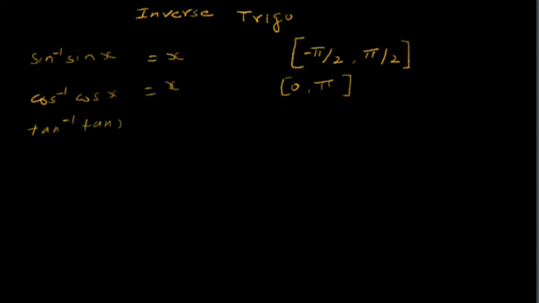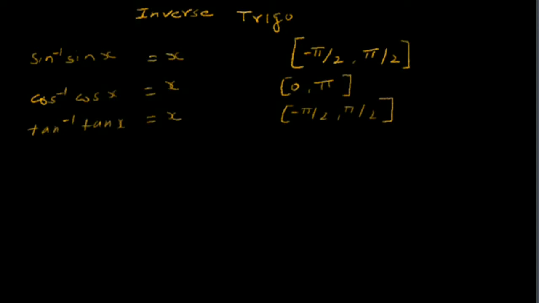There is no difficulty in remembering these things because sine and tan have the same interval, minus pi by 2 to pi by 2, but in the case of cos it is different, 0 to pi. Just remember this. If it is not in that interval, use trigonometry to bring it into that format. That is the thing dealing with the domain of the function.